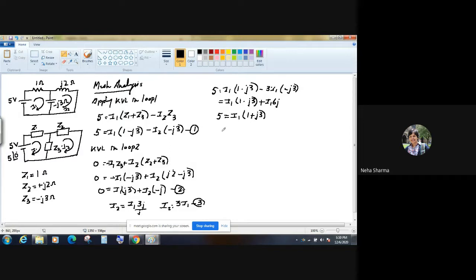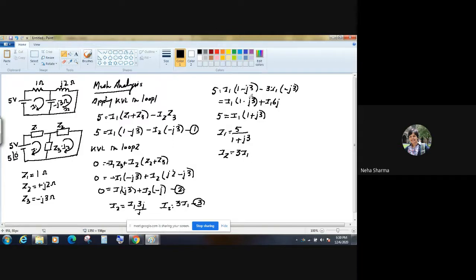From here we solve for I1. Once I have the value for I1, which is 5 divided by 1 plus j3, I can very easily get the value of I2, because I2 is given by 3 times I1.